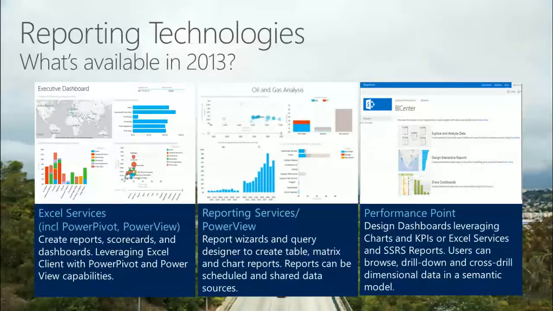Ultimately I could publish a connection file to that, and users could go out to that connection file and say, I want to create a new Power View. Or they could go to an existing one, and they could even leverage Power Pivot data sources to create these Power Views. So they are two distinct things. I just want to be clear of that. On-prem, obviously, I can do either. In our cloud, we really support the first one, the Power View within Excel.